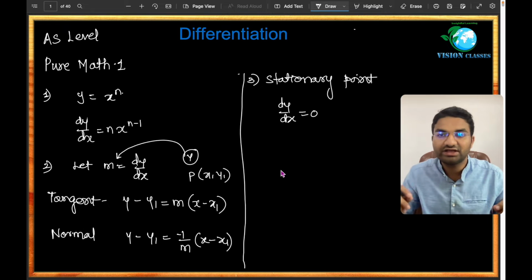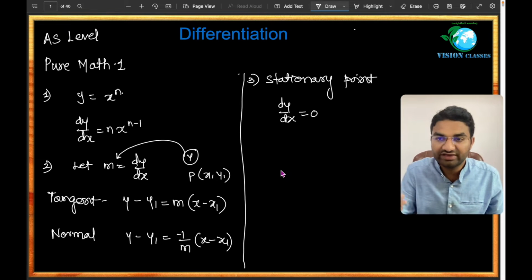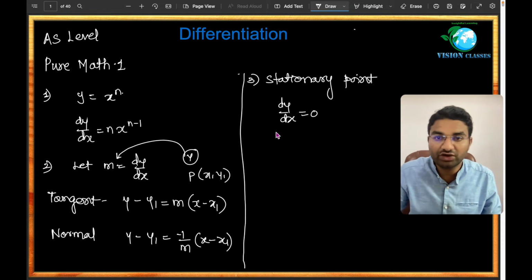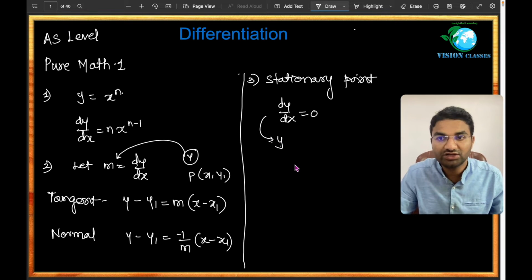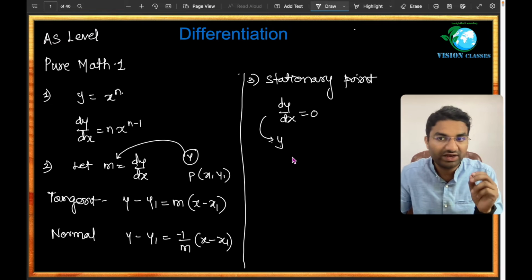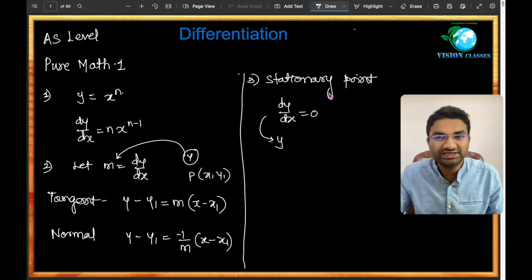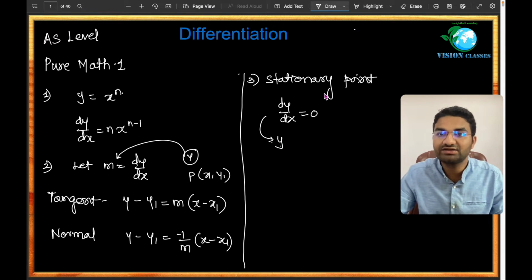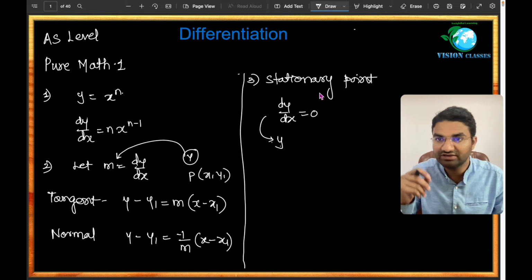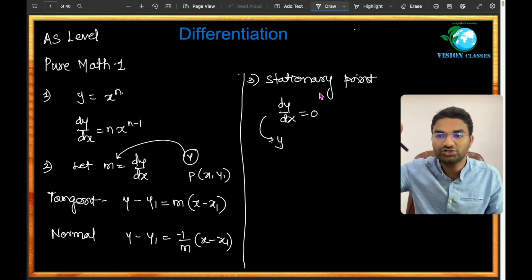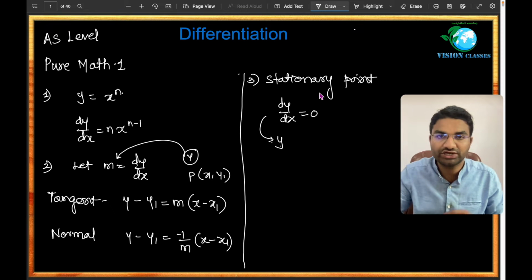You will get the x values, and you have to put those x values in the original equation to get the y values as well. Stationary points are nothing but turning points. Keep that in mind.